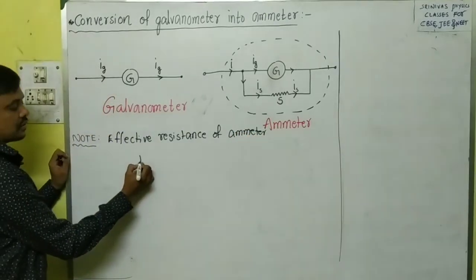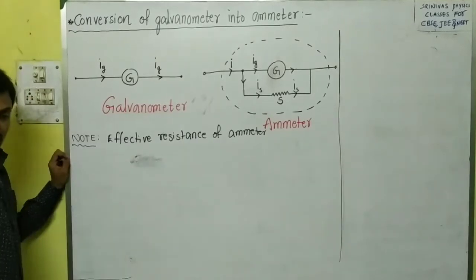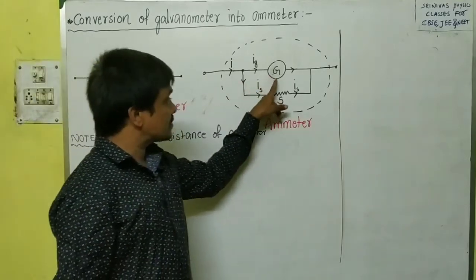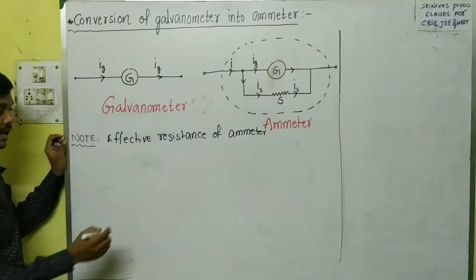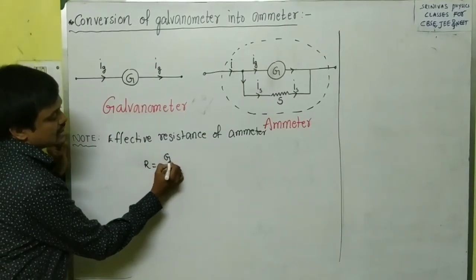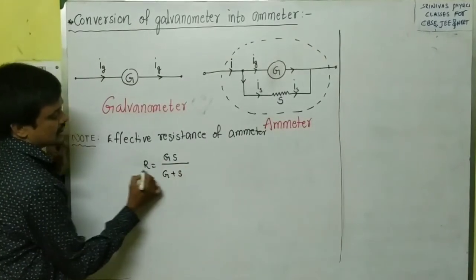Effective resistance of the ammeter we will get very simply. Here the ammeter has galvanometer and shunt resistance, G and S, they are in parallel. What is the effective resistance in the parallel combination? That is GS by G plus S, okay.